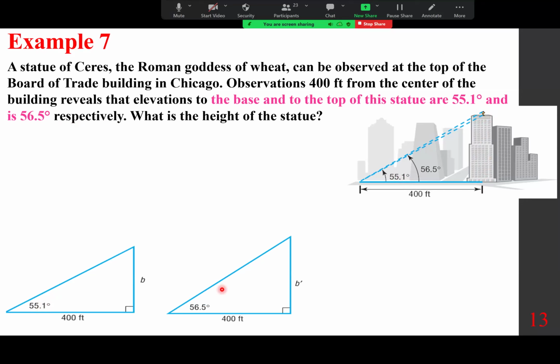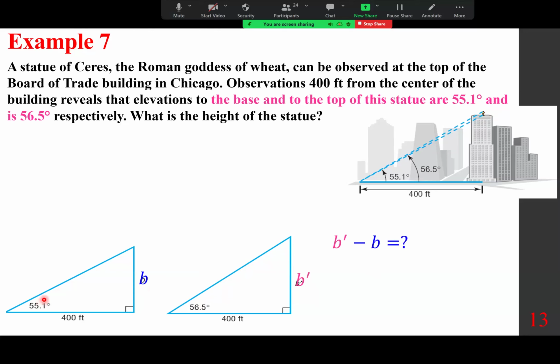And 56.5 degrees, the larger angle, gives us the top of this statue. So in short, the difference between the two is the height here. I hope everybody understands what we're talking about here. So if we call this B prime and we call this B, we want B prime minus B. That's the bottom line.